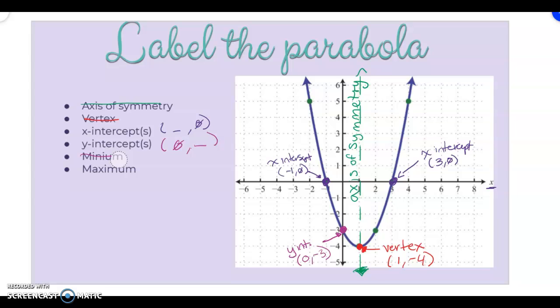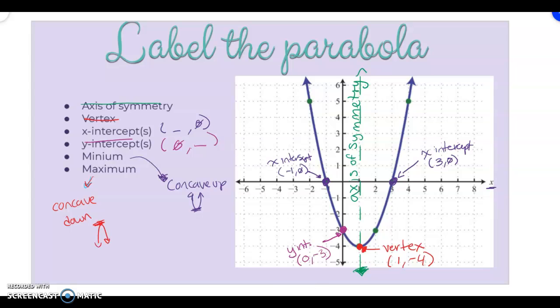Now I need to know if it has a maximum or minimum, meaning is it concave up, concave down, and if it has a maximum or minimum. Remember that a minimum is a concave up type of parabola, which is going to be the lowest point, minimum point. Our maximum is going to be concave down, and it's going to be the highest point that our parabola reaches.